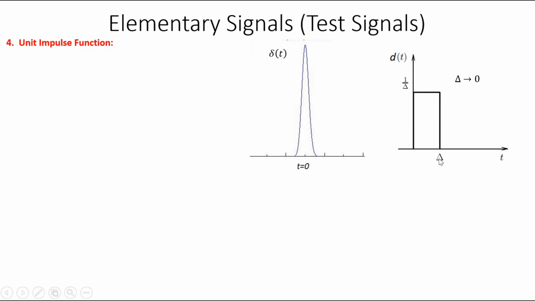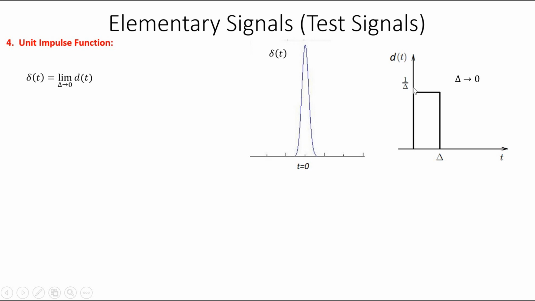If delta tends to 0, this line becomes only at t equal to 0, and 1 by delta becomes infinity. So we can say mathematically that the impulse function is an approximation of this function with delta tends to 0. We can say that delta of t is equal to the limit delta tends to 0 of d of t.